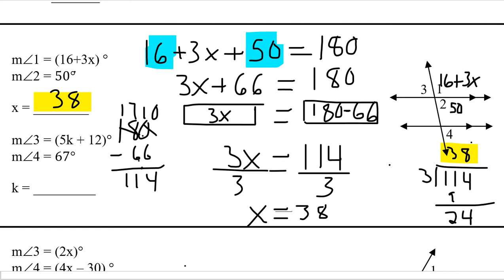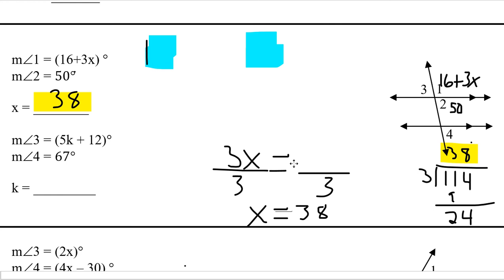Now this next question, I'm going to erase everything I just did, and I just want you to understand this next question has nothing to do with the last question.